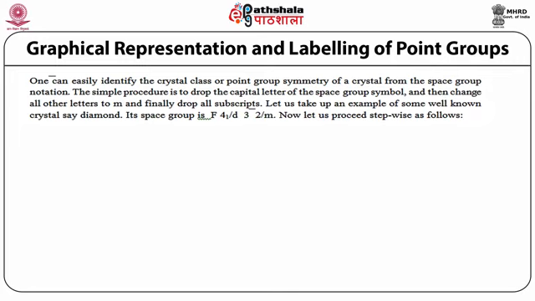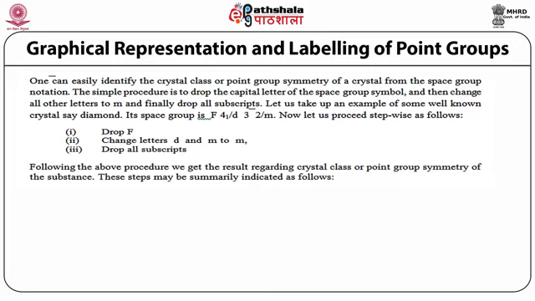Now let us proceed stepwise as follows. The first step is to drop capital F. The second step is to change the letters d and m to m. Third is to drop all subscripts. Following the above procedure, we get the result regarding the crystal class or point group symmetry of the substance.